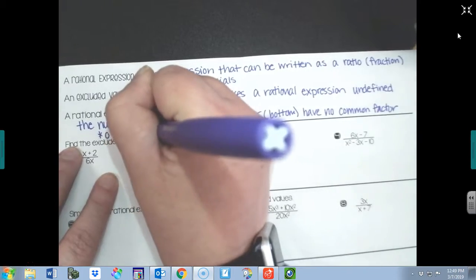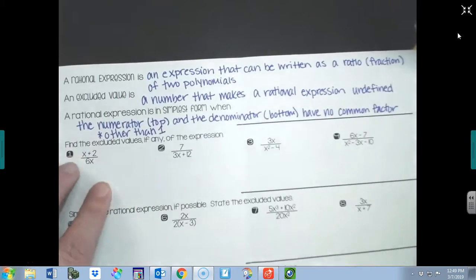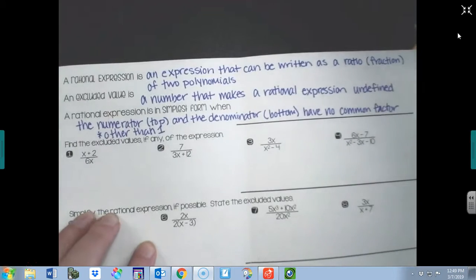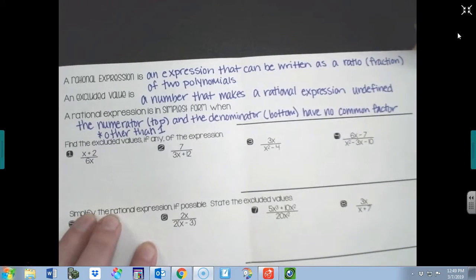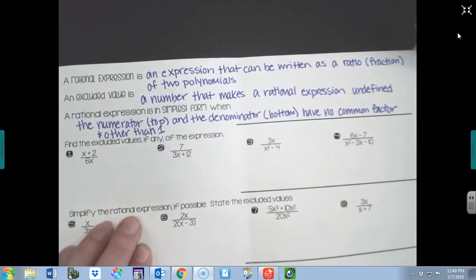They'll always have that common factor of 1. Alright.